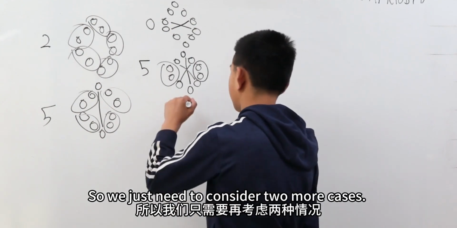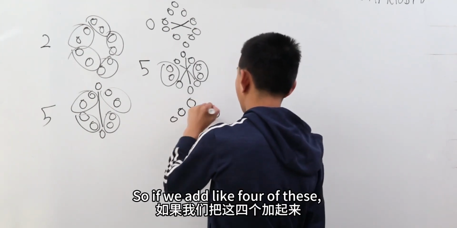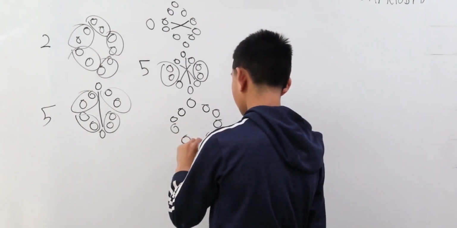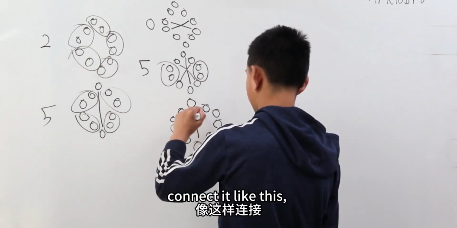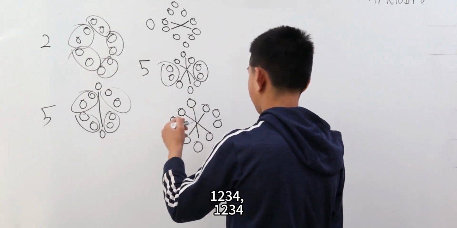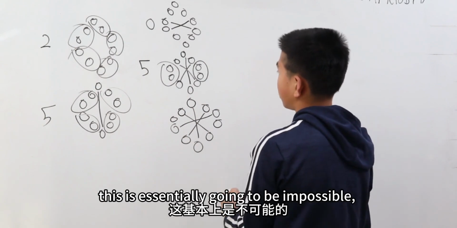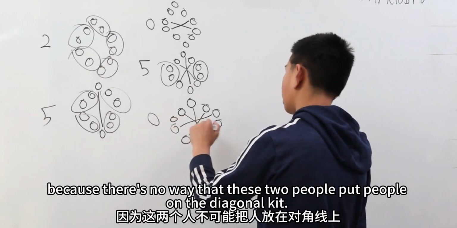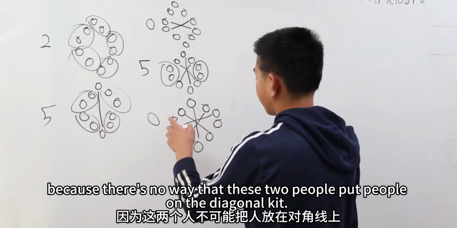So we just need to consider 2 more cases. So if we add 4 of these lines, connect it like this, 1, 2, 3, 4. This is essentially going to be impossible, because there's no way that these 2 people on the diagonal can.